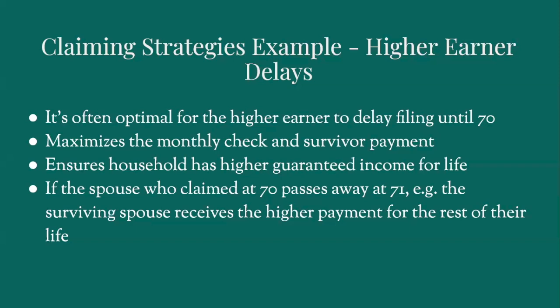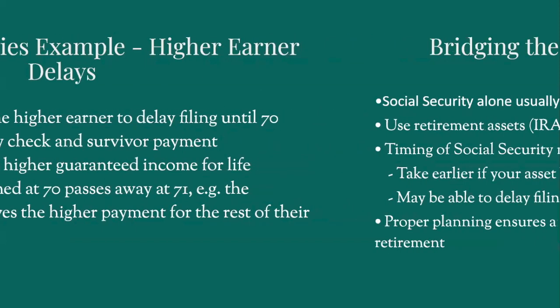So even if the person passed away at 71 and the other spouse, let's say, is 65 and lives to 100, they can take that $3,800, which would be indexed for inflation going forward for the next 35 years, kind of like a second-to-die annuity policy. So that's a key provision, I think, and probably the best way of utilizing delaying till 70.